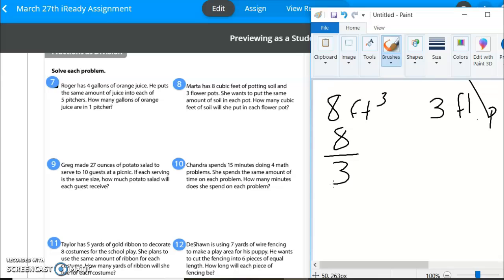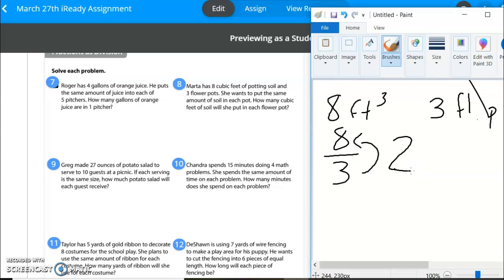That is not my simplest number. To get my simplest number, or my reduced number, the number in simplest form, I would say, well, how many times does 3 go into 8? 3 goes into 8 2 times, right?